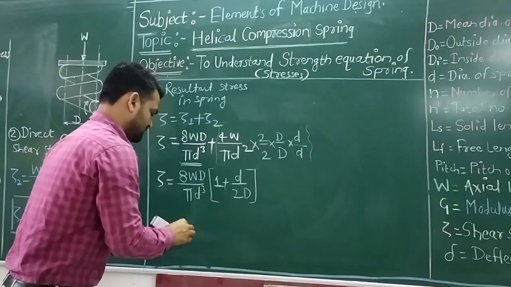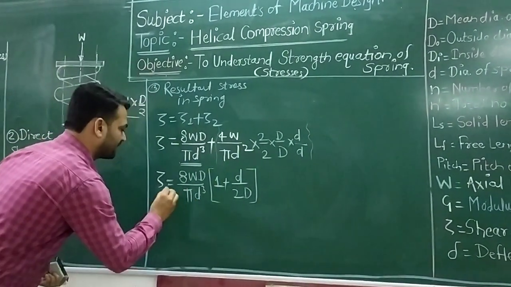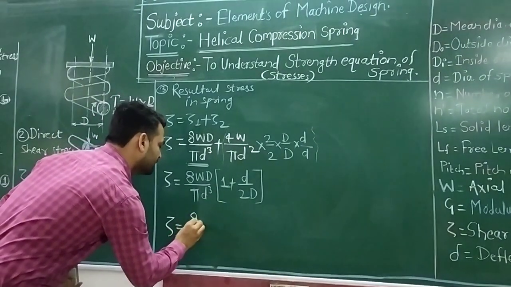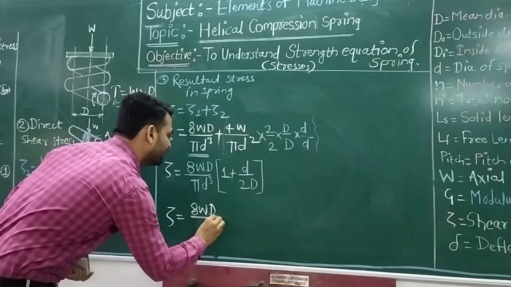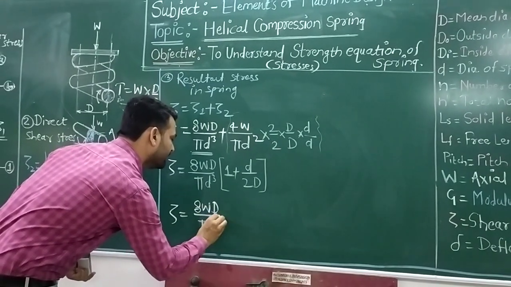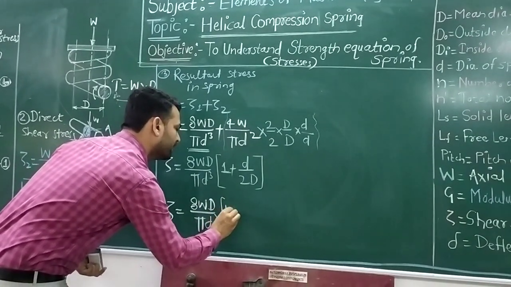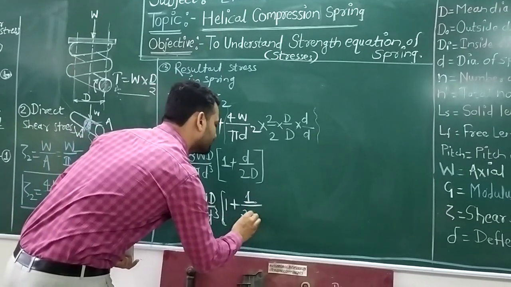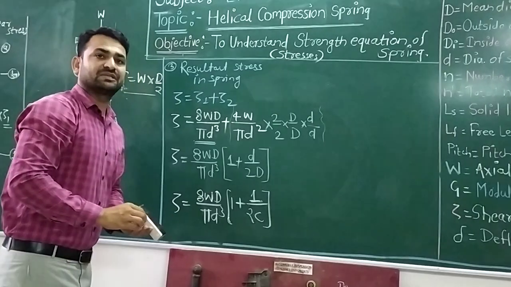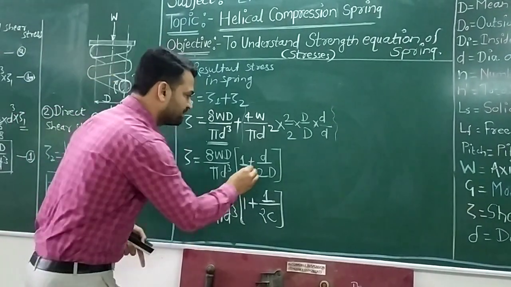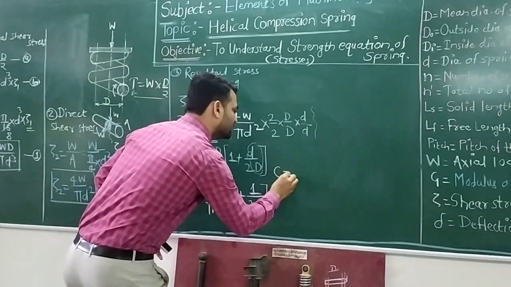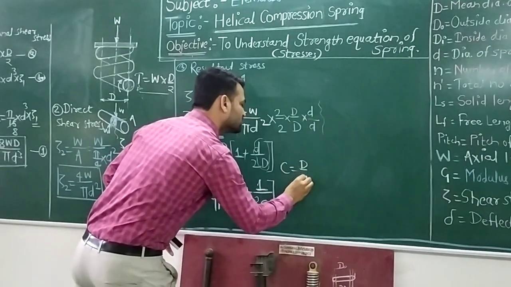So see here, this equation we can finally write like this: 8WD divided by pi d cube into 1 plus 1 upon twice of C. What is exactly C? C is the spring index, because as we know, C is equal to capital D divided by small d.